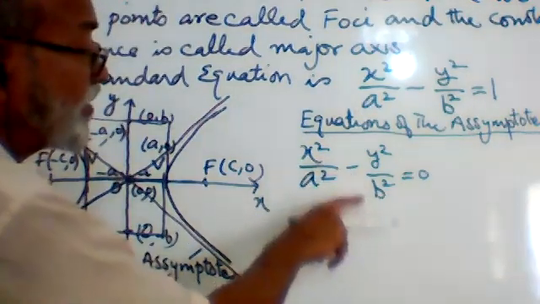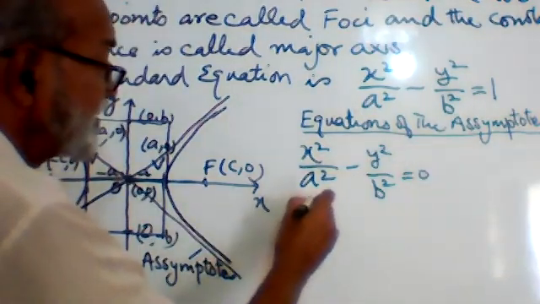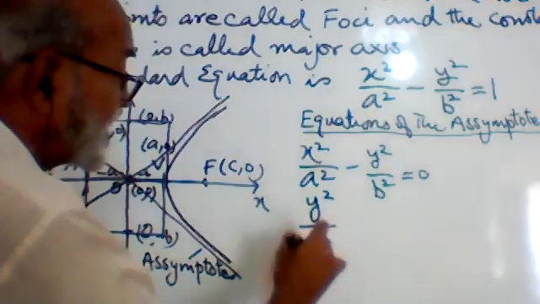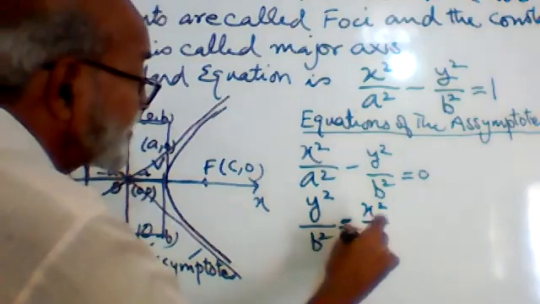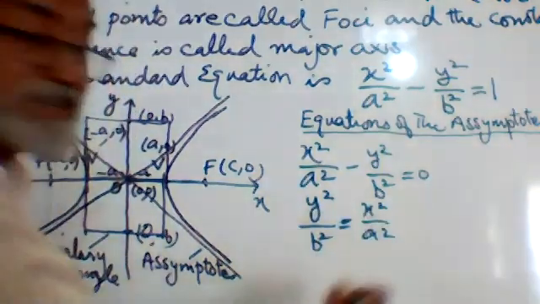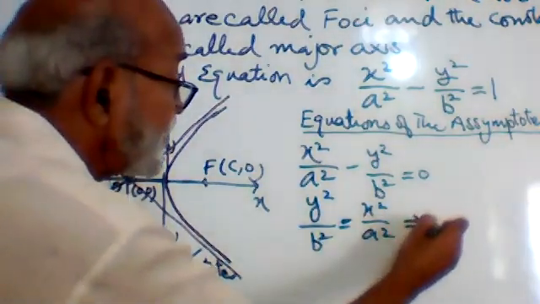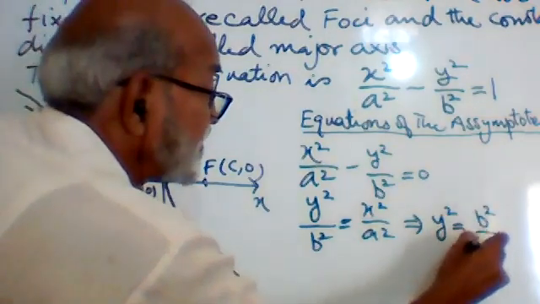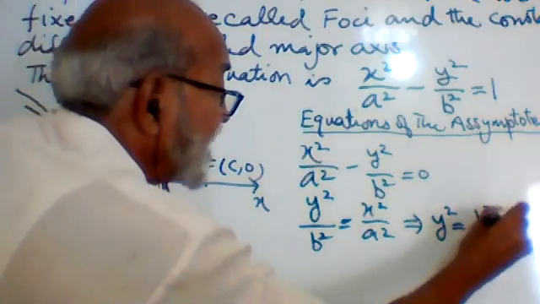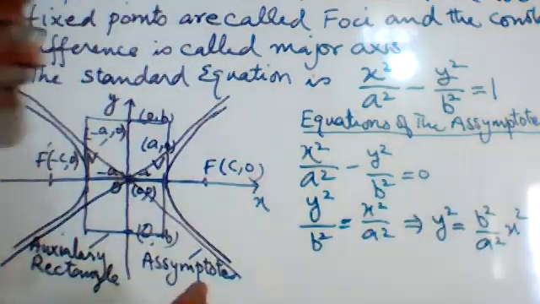Minus y square upon b square will be shifted to the other side. It will be y square upon b square equal to x square upon a square. B square shifted to the other side, y square will become b square upon a square x square. Take the square root.